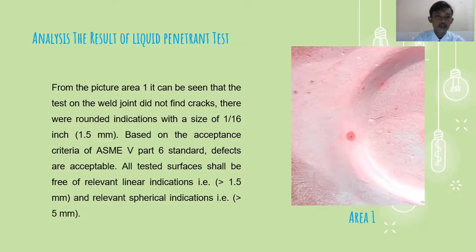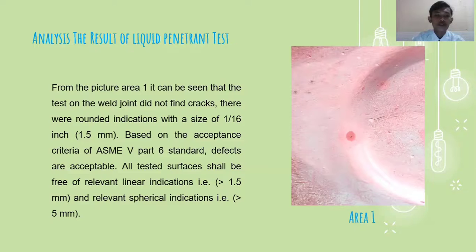Based on the acceptance criteria of ASME 5 part 6 standard, the defects are acceptable. All testing surfaces shall be free of relevant linear indication under 1.5 millimeter and relevant rounded indication under 5 millimeter.